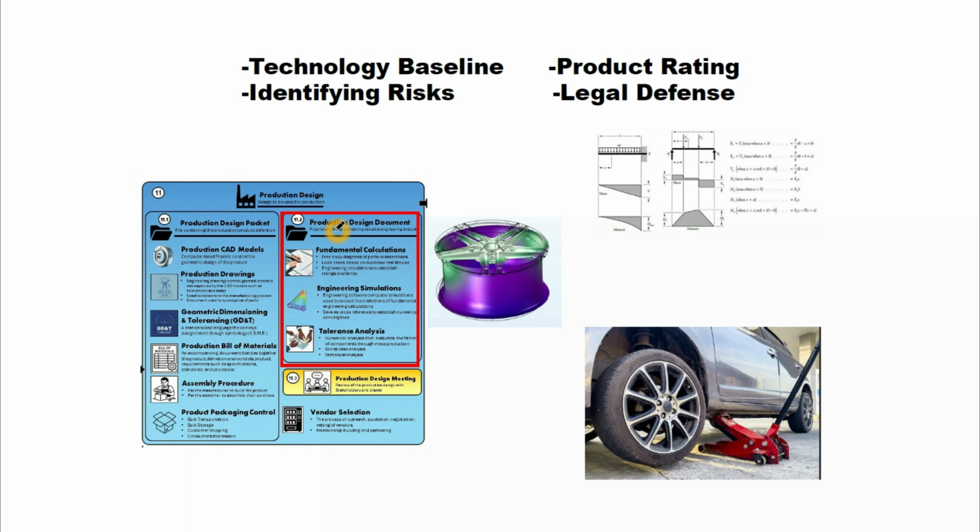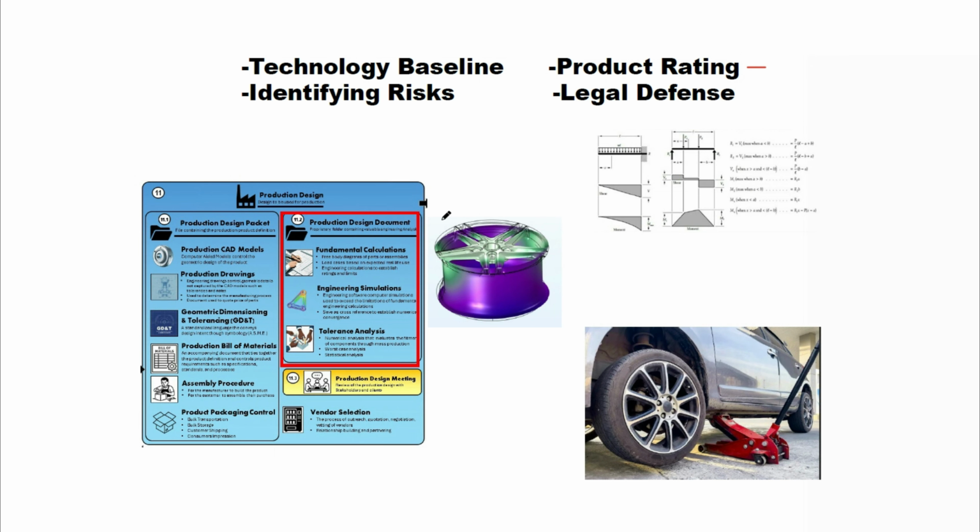So production design documents essentially serve as a baseline technology for you, identify the risks that you have, and you don't mention those risks here. They're kind of controlled in the production design document, which is a proprietary document that you have, and that's where your product ratings come from.